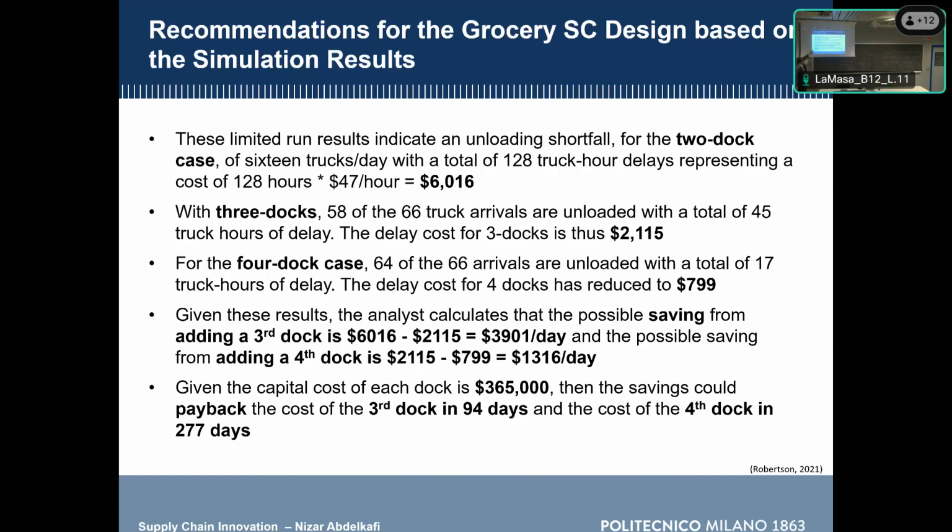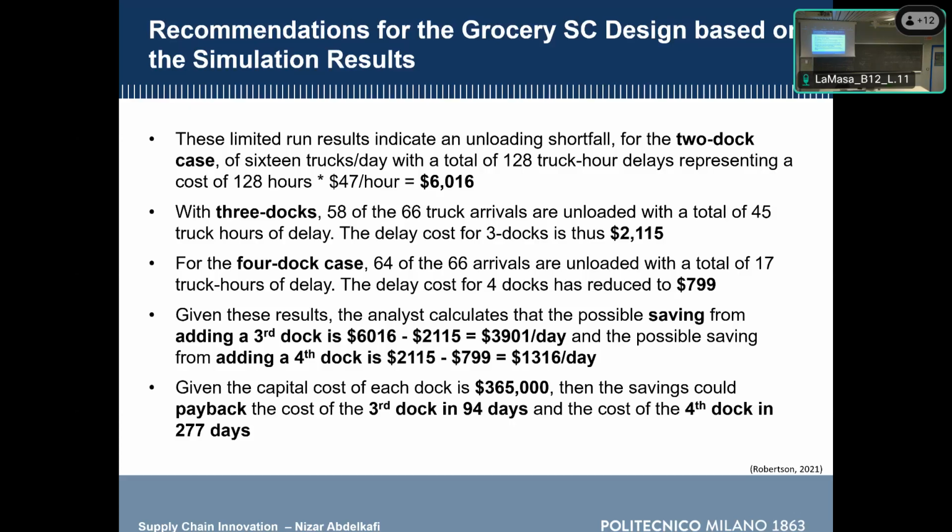Given the capital cost of each dock, which is $365,000, the savings could pay back the cost of the 3rd dock in 94 days. How am I calculating this? I am dividing 365 by 3,901, so this is from 2 to 3.